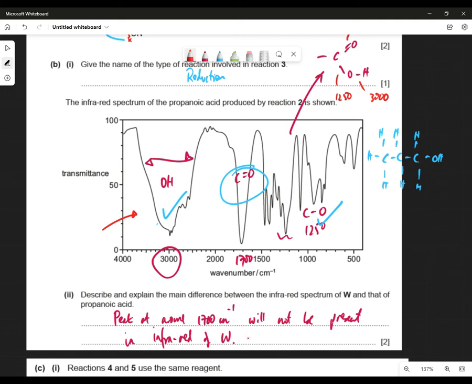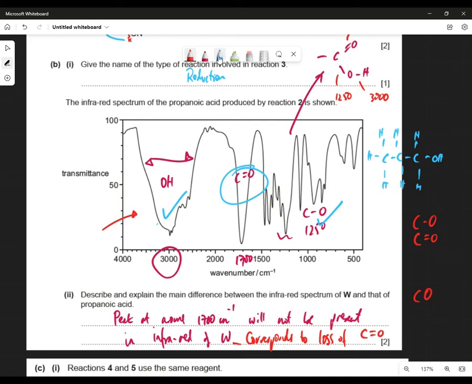Well, this corresponds to loss of the C double bond O. You can't say CO because CO could mean C single bond O or C double bond O. You've got to say the loss of a C double bond O, or you can name it the carbonyl group, yes? But you've got to say it, all right?